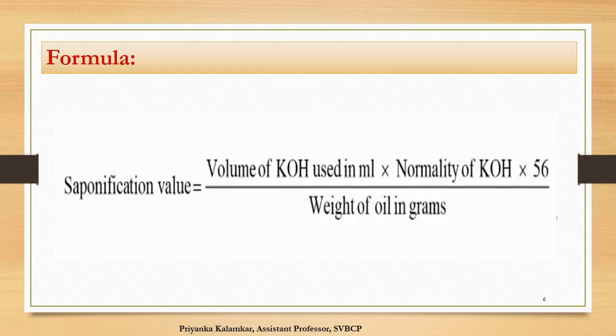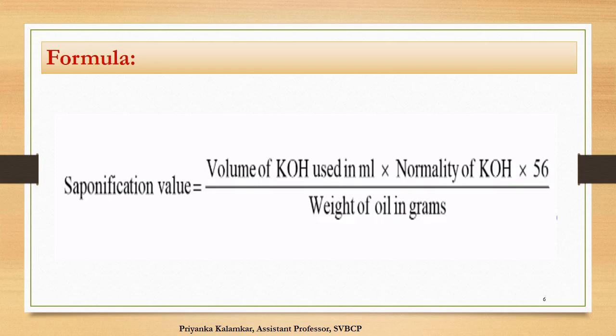Now the formula we are going to use for the calculation is: saponification value is equal to volume of KOH required to saponify 1 gram of fat into normality of KOH. Whatever KOH you are going to use in the procedure, you have to write down the normality of that KOH here, into 56 which is molecular weight of KOH, divided by weight of given sample in grams.